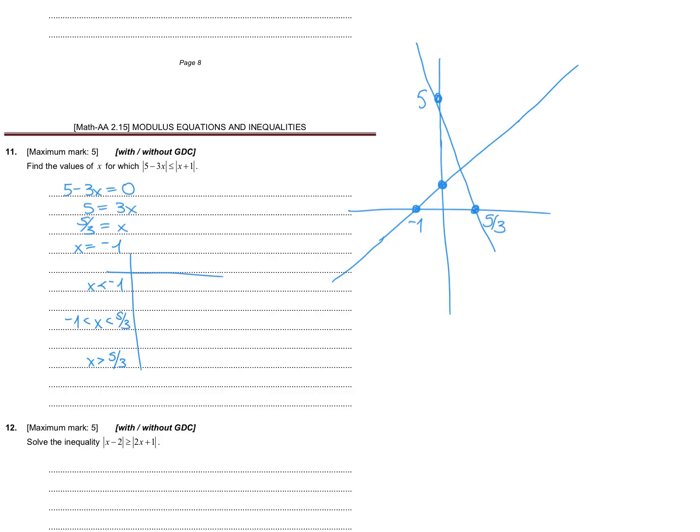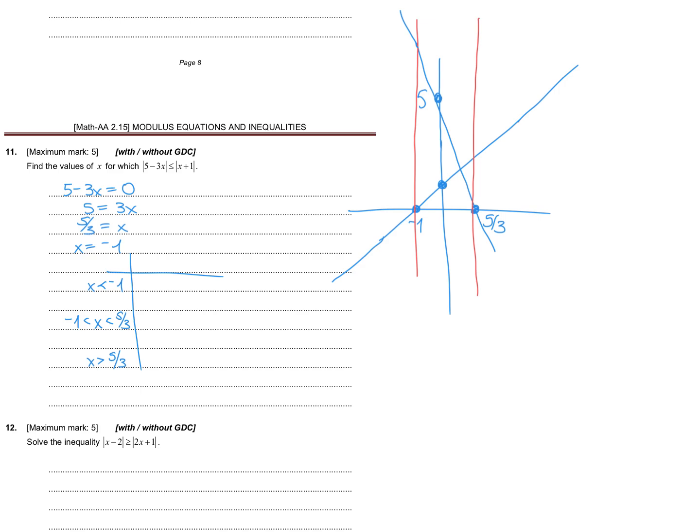Okay, so we have several intervals: before −1, in between −1 and 5/3, and after 5/3.